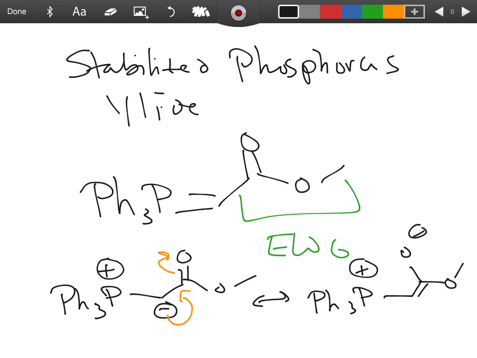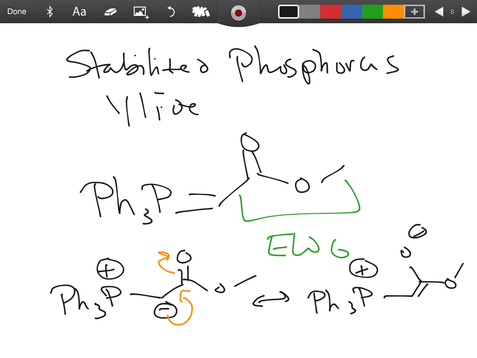When you have a stabilized ylid, the selectivity for Wittig reactions switches. So you go from favoring the Z double bond to getting pretty much exclusively the E. You favor the trans double bond almost exclusively.